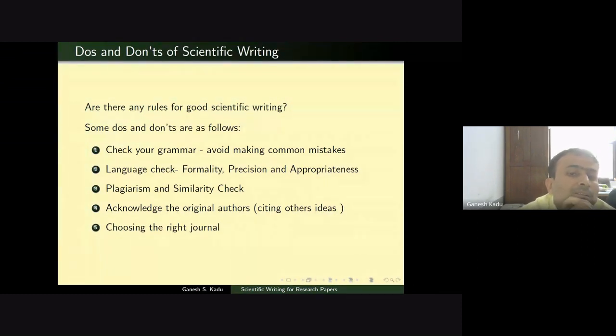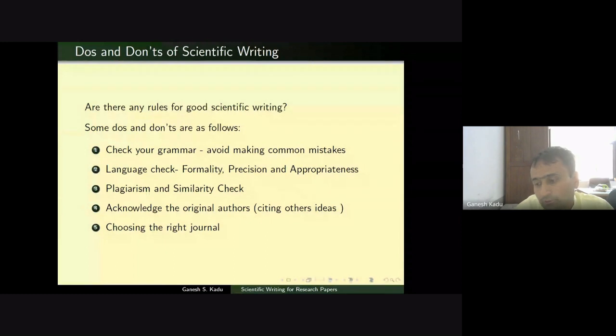Then language check. When it comes to scientific writing, your language must be formal. When you write a novel, for example, the language is different from the language in a research paper. It is supposed to be more precise, because you're writing about your findings.